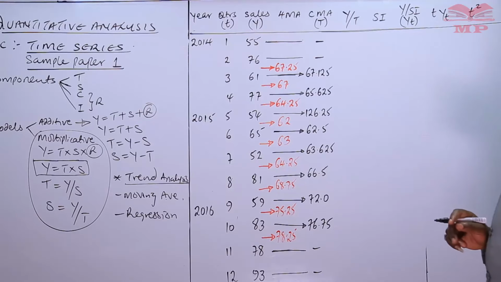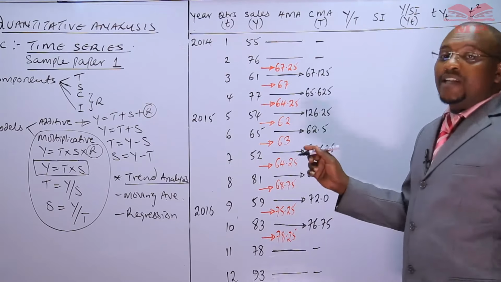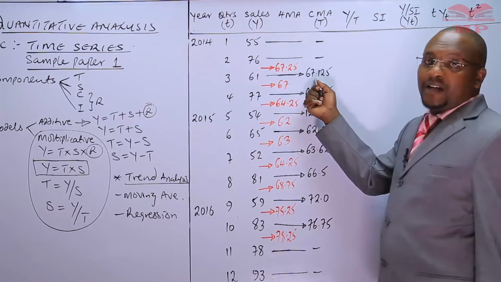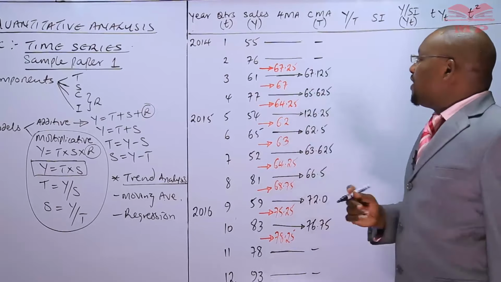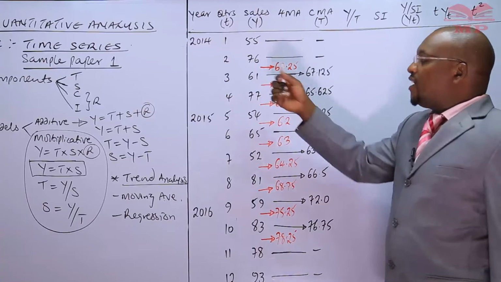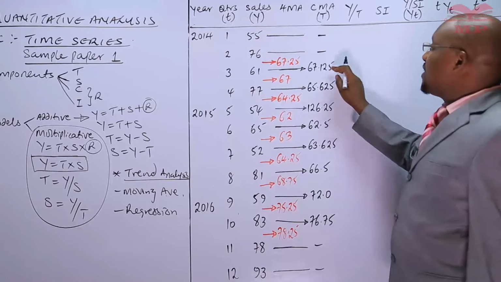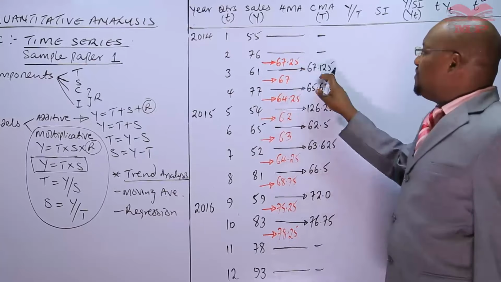Now, to get the seasonal variation, the effect: the trend is 67, while the actual is 61. To know the effect of the season, you just need to divide 61 by 67.